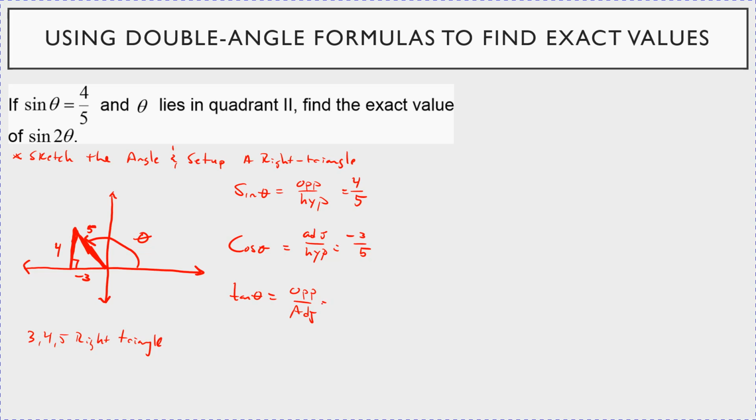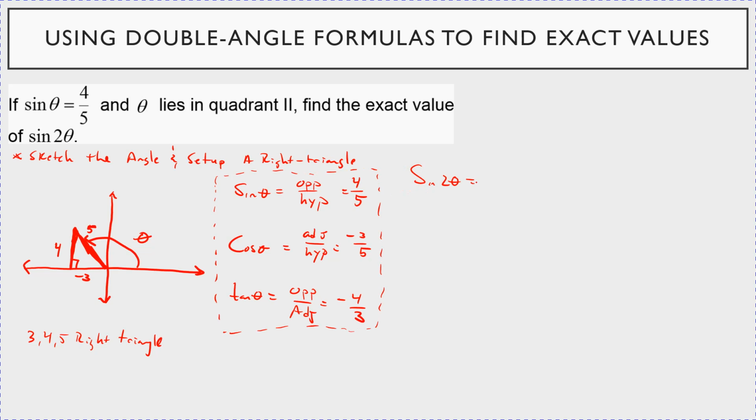I don't know if that saying is helpful, but it helps me remember. The opposite side is 4, adjacent is -3, so tangent is -4/3. Keep these handy because I'm going to use these on the next few slides.